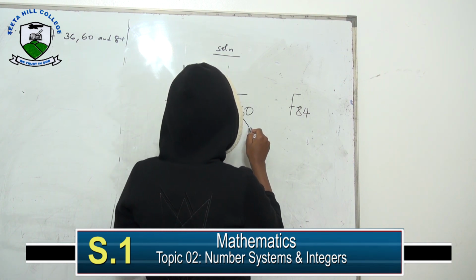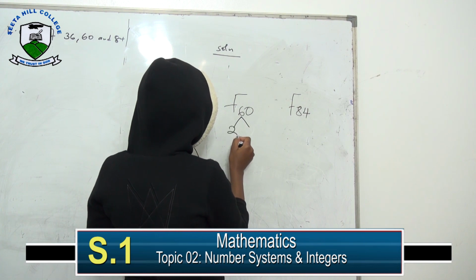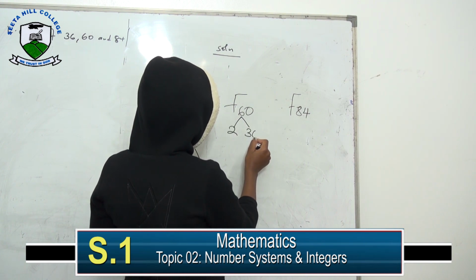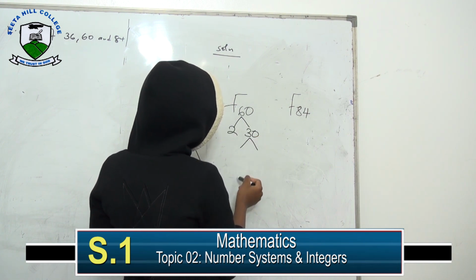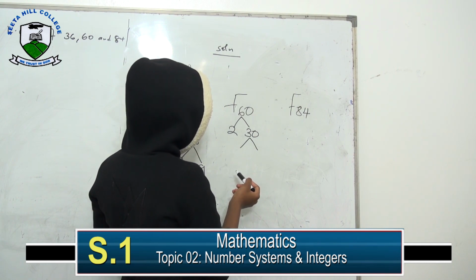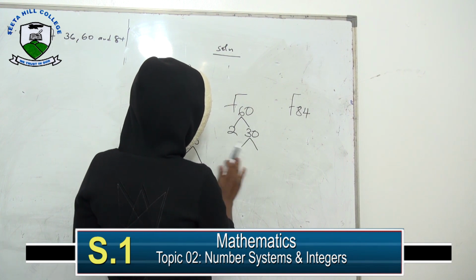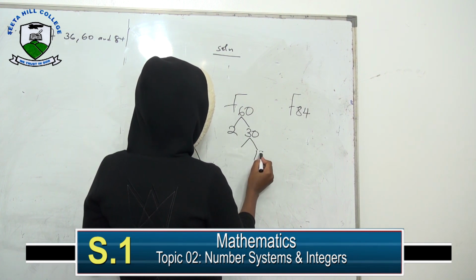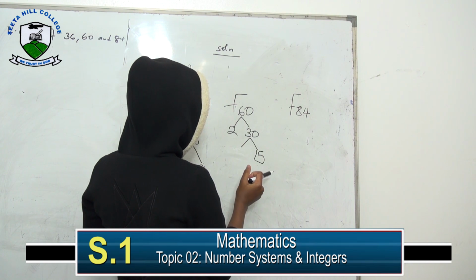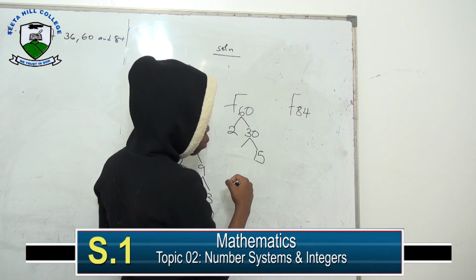Factors of 60: 6 divided by 2. Then 30 divided by 2 is 15. Sorry. 15 divided by 3.